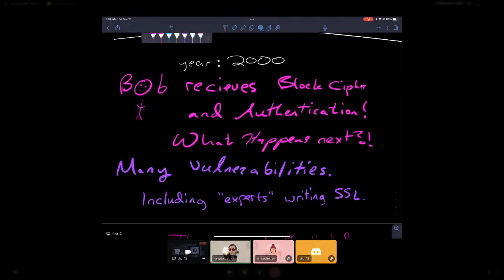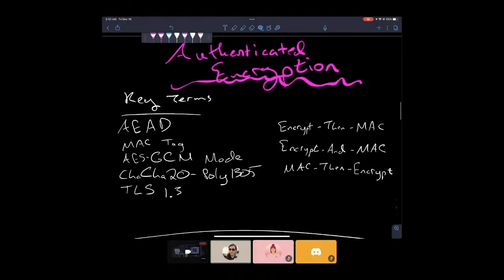And to scroll back up here just a second, there are several ways that you can compose a MAC and a block cipher, or a stream cipher more precisely. Both of the authenticated encryption schemes that we're going to talk about today are in the encrypt-then-MAC section.